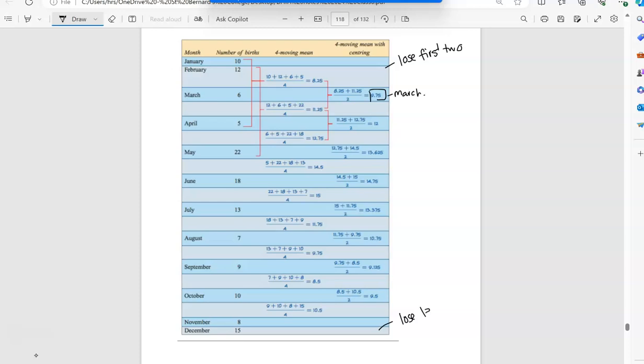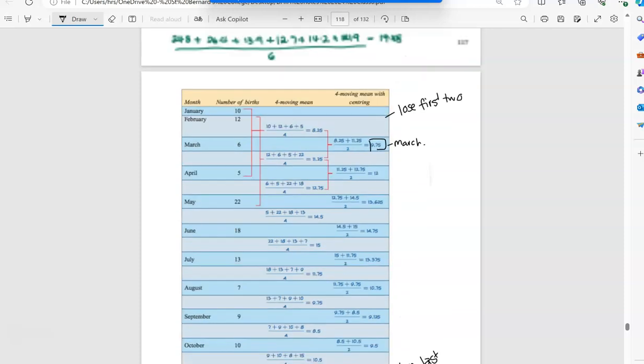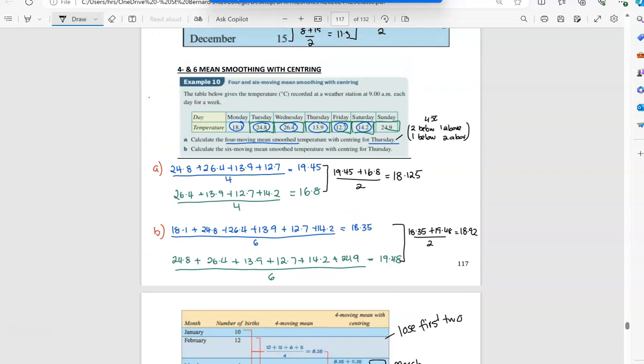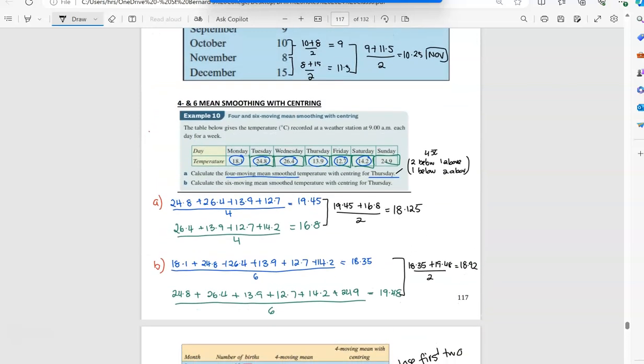Okay? And you will also see, when you do 6, you're going to lose more as well. With 6, if you have a look here, Thursday was the last one we could do for 6. So you can see with 6, we would lose 3 from the start and from the end, okay?